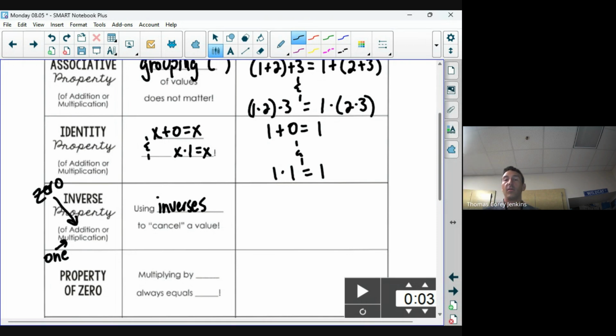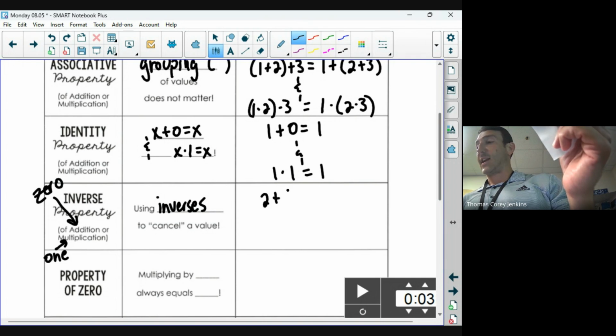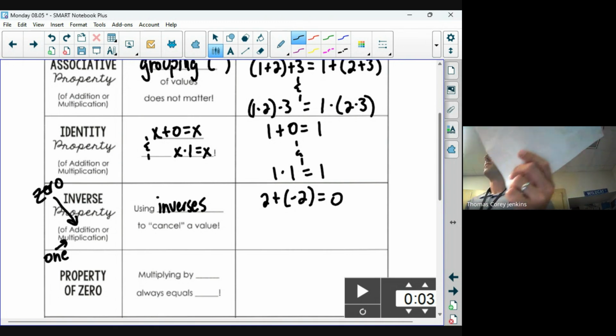All right, so an additive inverse would be something like a number and its opposite, right? So if we said 2 plus -2, those numbers add up to 0.